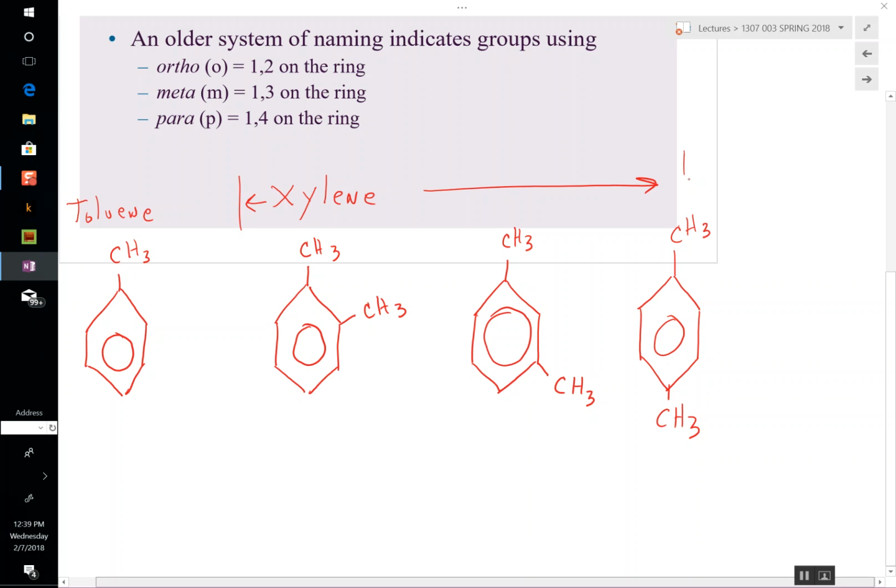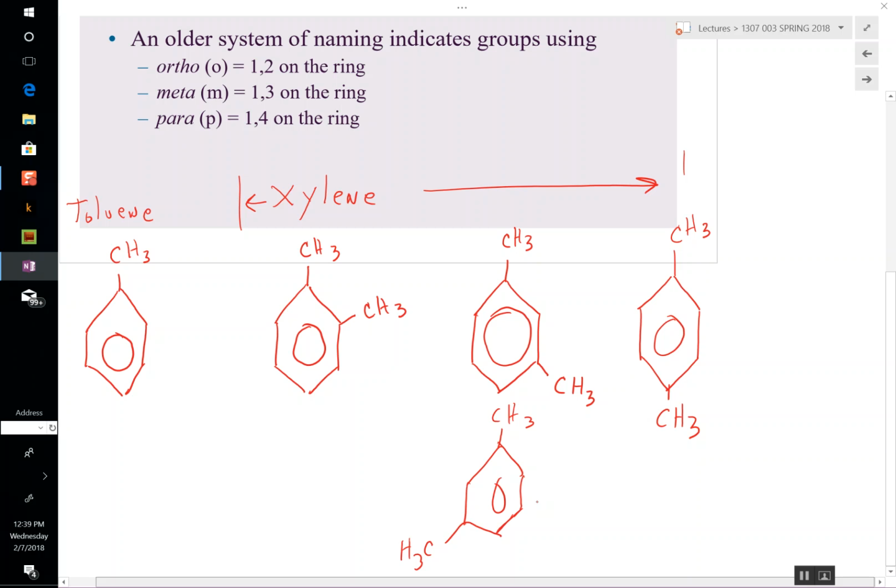Can you see that if that methyl were here, I mean, I probably could draw these a little nicer, but can you see that this is identical to that? You know, I could rotate this and lay this right on top of that one. So there's nothing different about these two molecules.